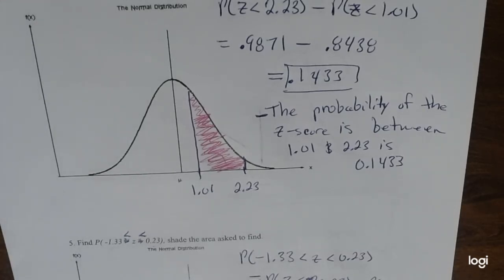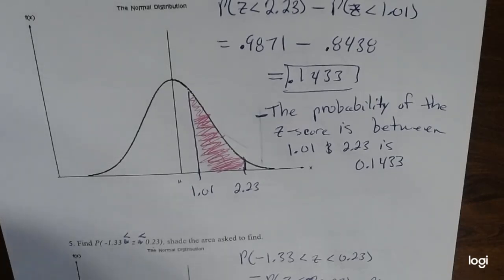Since we're just talking about z-scores, we'll say this, but usually we're going to talk about an actual equation and actual numbers, or the x value itself. But for now, that's a good interpretation of what this represents. Okay, so that's pretty much it.